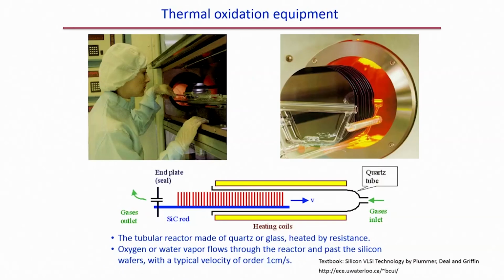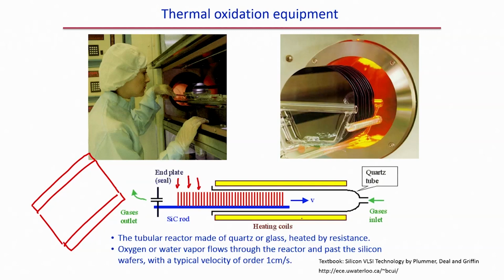So, once we have oxide, let us say I have a silicon wafer, the oxide will grow on both sides because gases react with both surfaces of the silicon wafer. You see here, both surfaces of the silicon wafer, the gases react with both surfaces forming oxide on both sides.